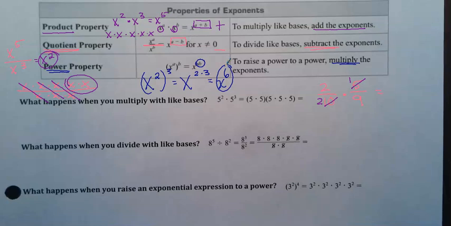All right, so what happens when you multiply with like bases? So here, 5 squared times 5 cubed. What do you do with the exponents? Okay, so you add exponents.